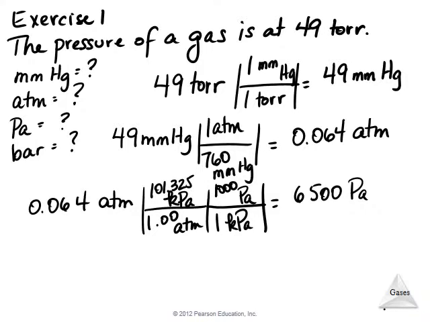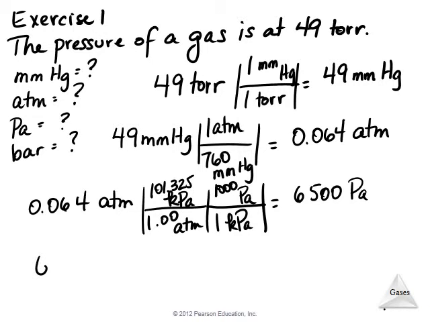I also want to know how many bar. So I said that 1 bar is equal to a certain number of pascals, right? And of course, I don't remember that one because it's useless to me. I never think about it. But I know that 1 bar is about 10 to the 5th pascals.